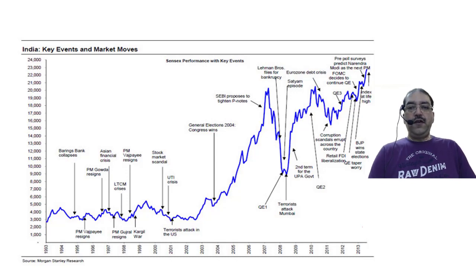Now, in security analysis, the first thing that we will be doing is, if you can see the chart that I have put up, it is of the Sensex, and we can see what has happened to the Sensex over a period from say 1993 up to 2013, 2014.